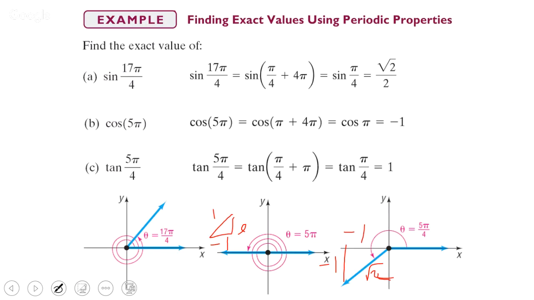For pi over 4, I have 1, 1, square root of 2. So in the third quadrant, I have a negative over negative, which is a positive. In the first quadrant, I have a +1 over +1, which is a +1 also. So you get the same value either way, because it's periodic every pi instead of every 2 pi.